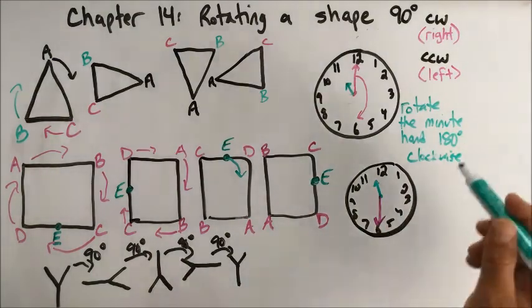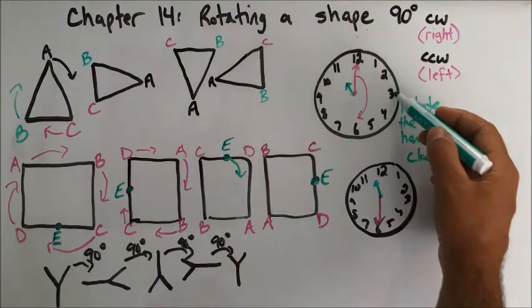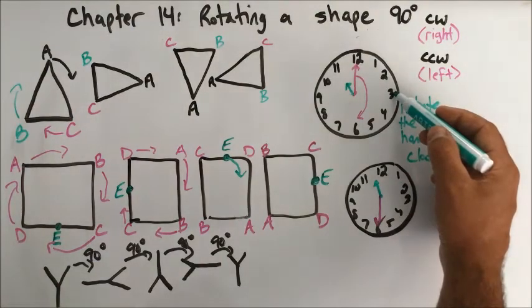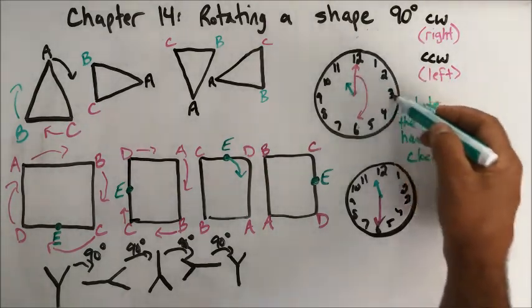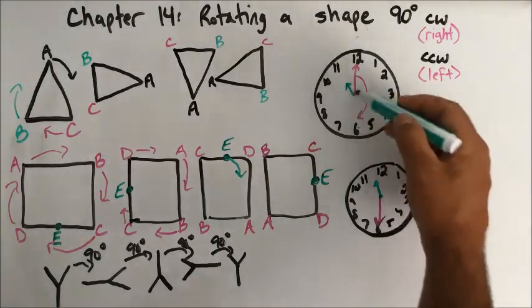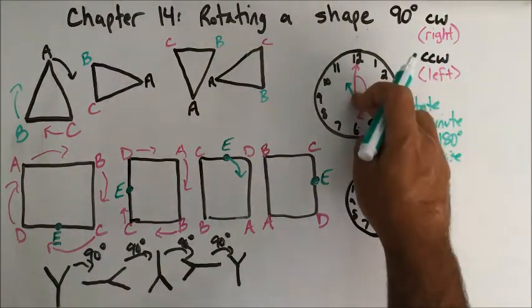Okay, if you wanted to rotate 90 degrees, you know that 90 degrees is every 15 minutes. Because there are 4 90 degrees in a clock, 3, 6, 9, 12. And you know that there are 60 minutes in a clock.